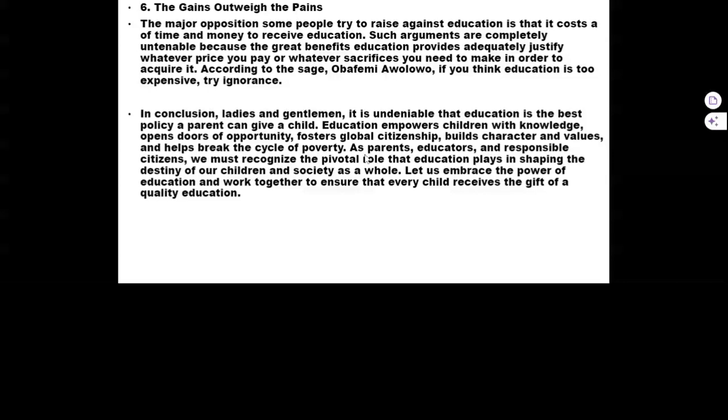And then we continue. As parents, educators, and responsible citizens, we must recognize the pivotal role that education plays in shaping the destiny of our children and society as a whole. Let us embrace the power of education and work together to ensure that every child receives the gift of quality education.